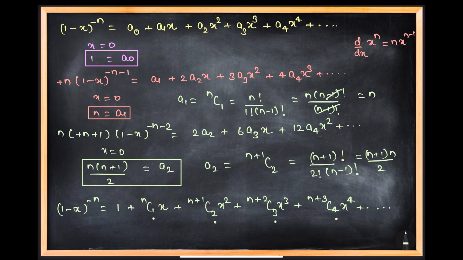Okay, and the upper subscript of C will start from n and it will also increase by 1. Okay, I hope the idea is clear, and let's use this idea in solving some questions so that you can have a better understanding of the concept. Okay, I hope the idea is clear.